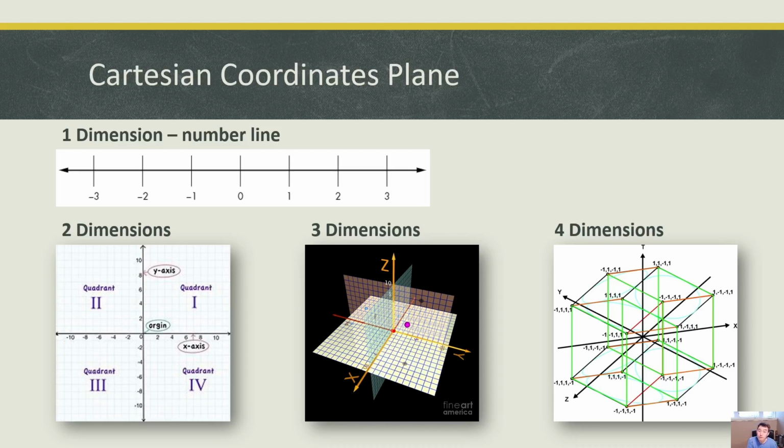In 4 dimensions, we still call that space, but that is a tricky word. In our area of 4 dimensions, you need 4 numbers to identify or to point to one location of our point. So that is just the difference.